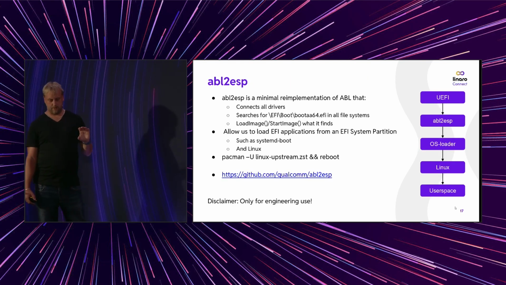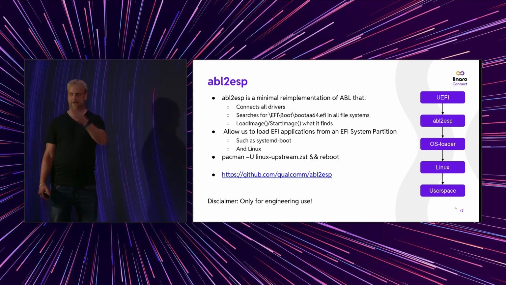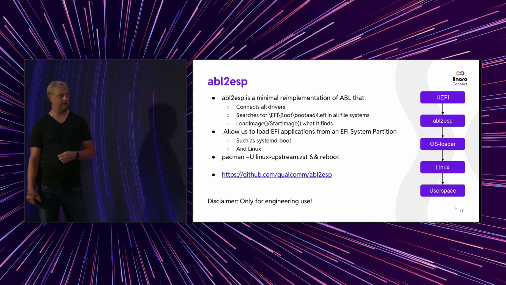So, the project ABL to ESP. One of the problems here is that we want to bridge between ABL and the UEFI environment in order to run our UEFI applications, like systemd-boot. So I wrote a custom minimal re-implementation of ABL.